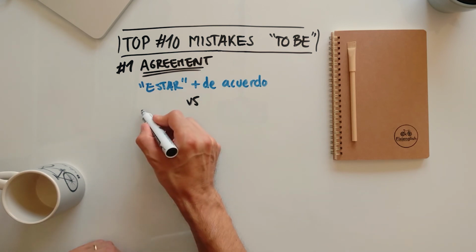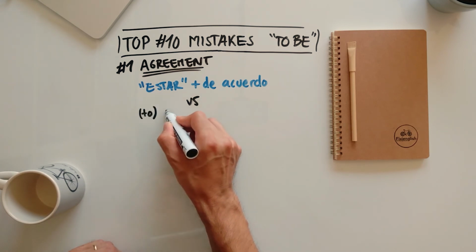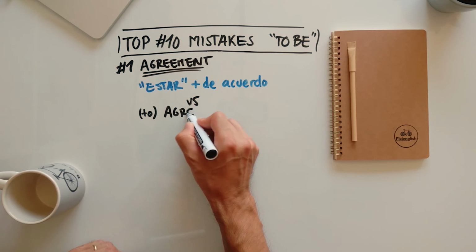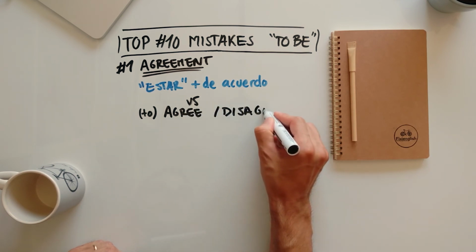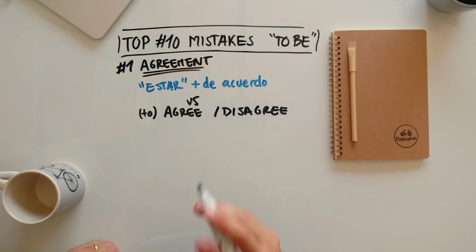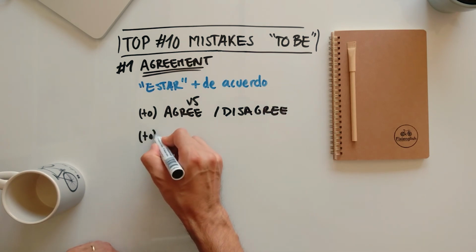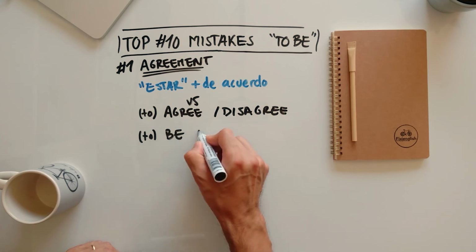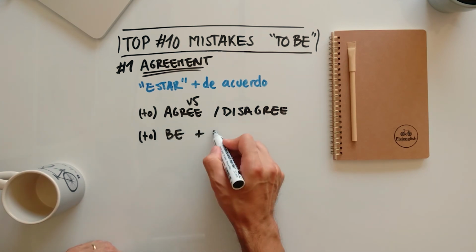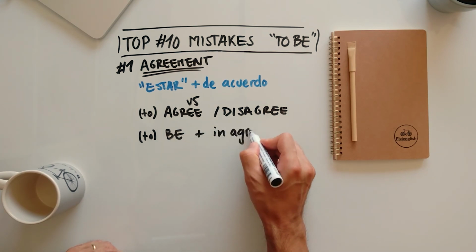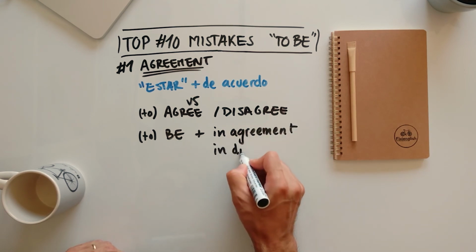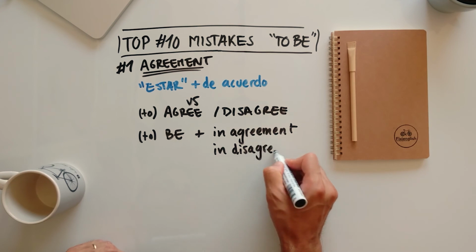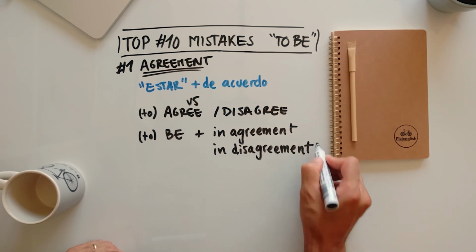On one hand, we could use the verb agree, to agree, or the verb disagree if we want to express the opposite. But we could also use the verb to be combined with the expression in agreement or in disagreement if we want to express the opposite.